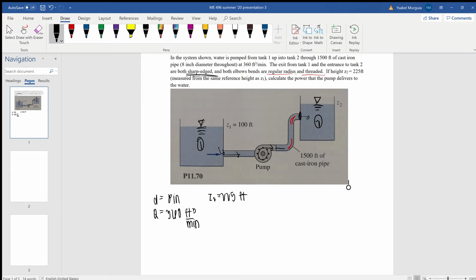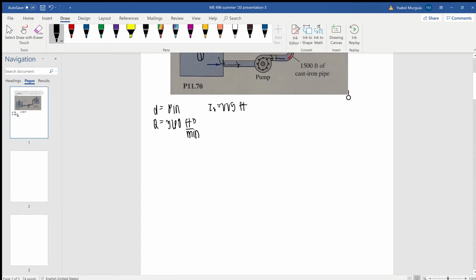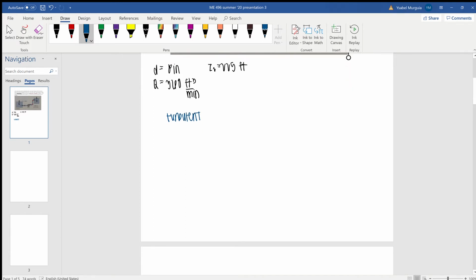So this is a pipe flow problem and a pump problem. Really quickly, as we learned previously in class, when liquid flows through a pipe, it could either be a turbulent flow, a laminar flow, or a transitional flow. So we have turbulent flow being, imagine this is our pipe here.